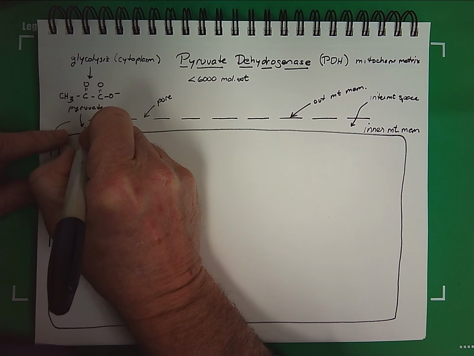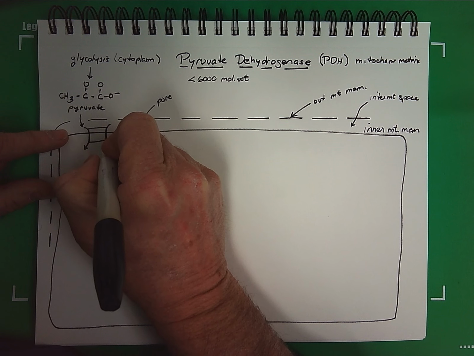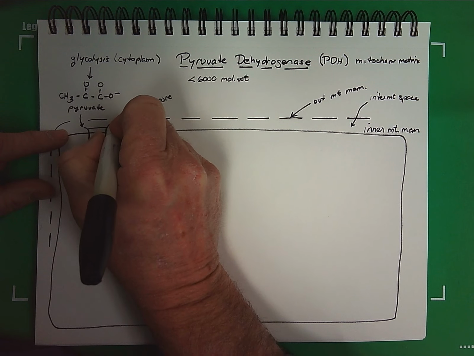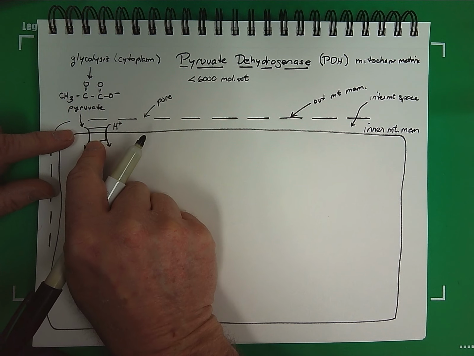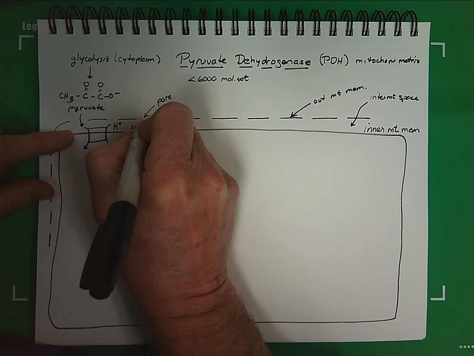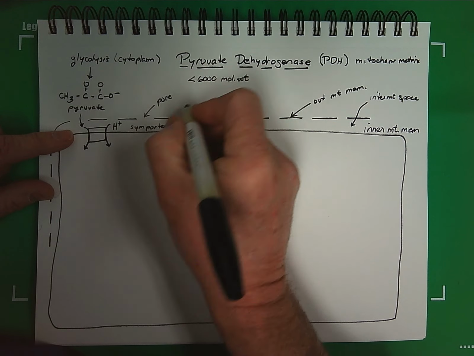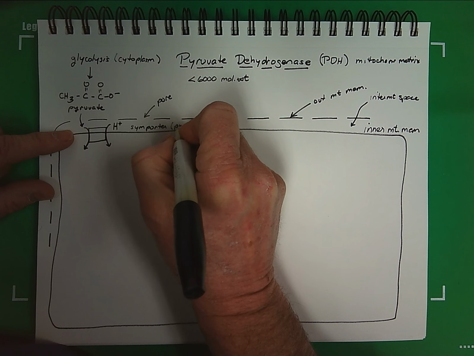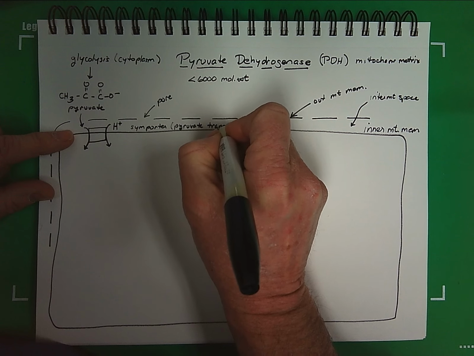So the pyruvate will bind to this transporter, and it will be co-transported with protons. This co-transporter is a symporter, and the name of it is pyruvate translocase.